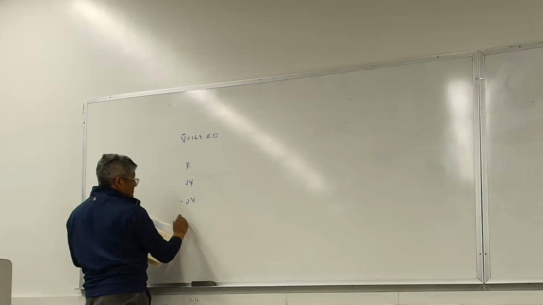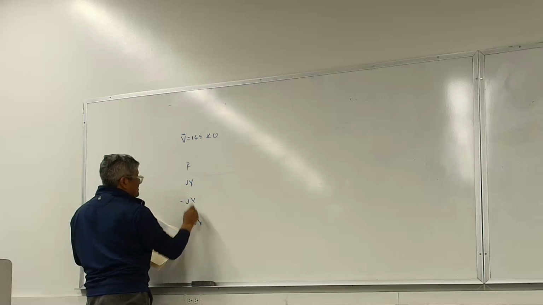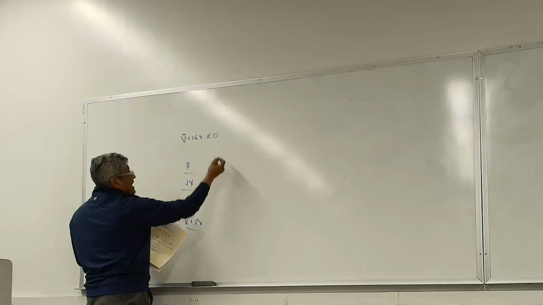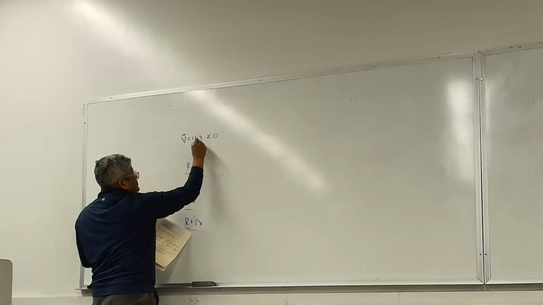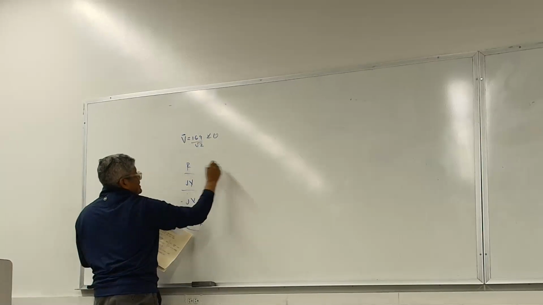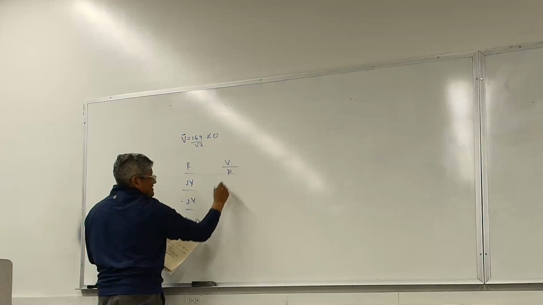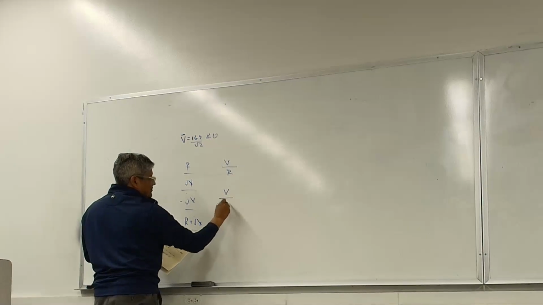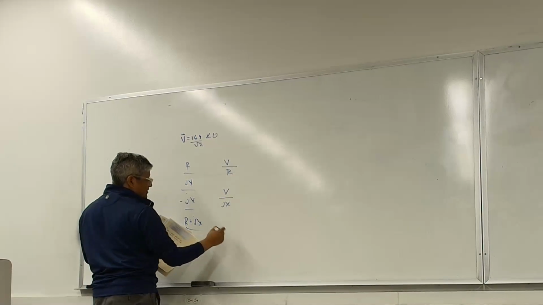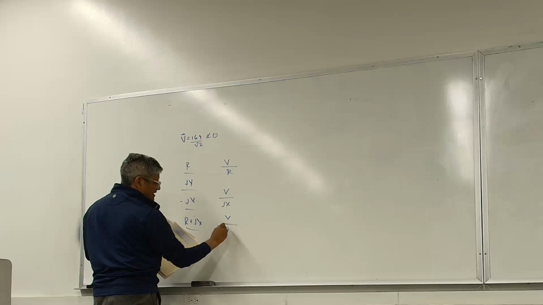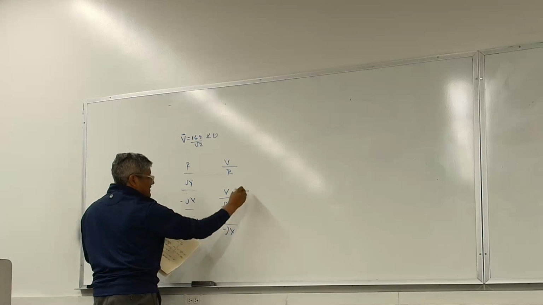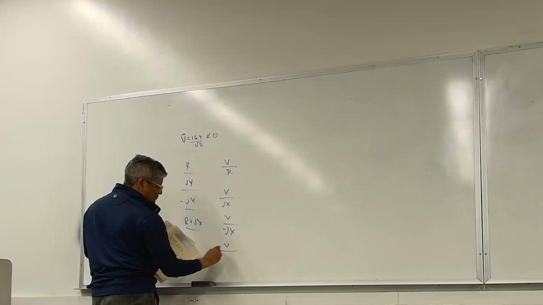This was negative, and then you have an R plus jX, these 3 loads. And that one was fairly simple. You get a square root of 2. You just divide the voltage by the resistance, the voltage by the reactance of the inductor, the voltage by the capacitance, and then the voltage divided by R plus jX.